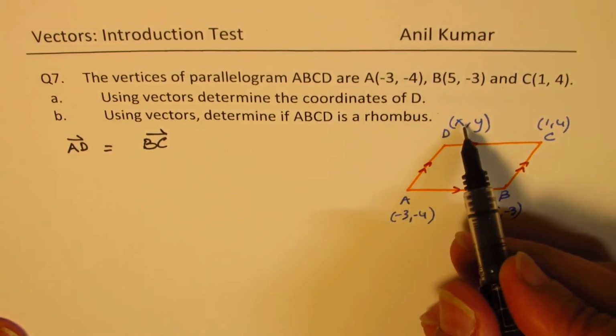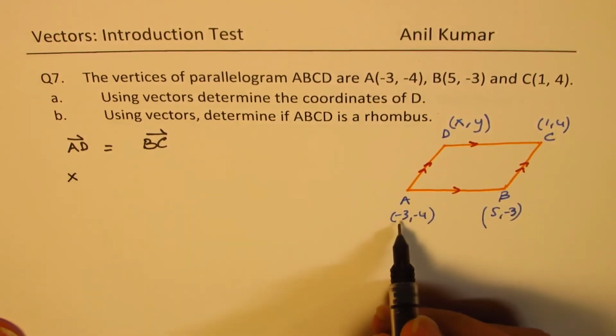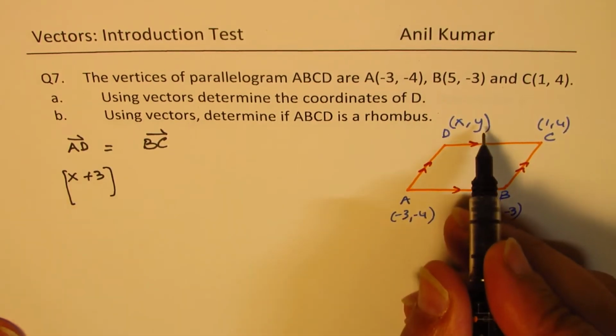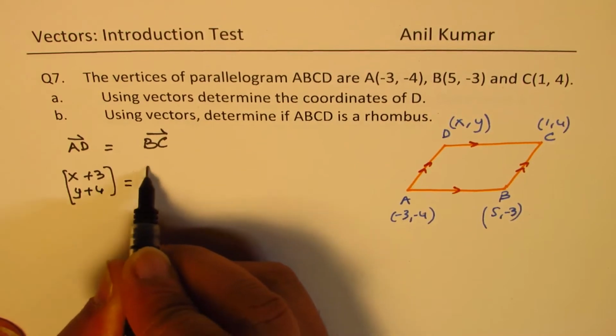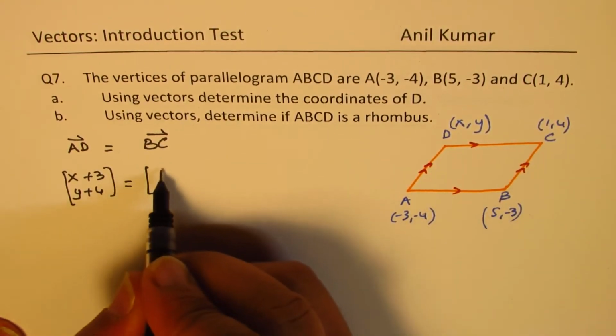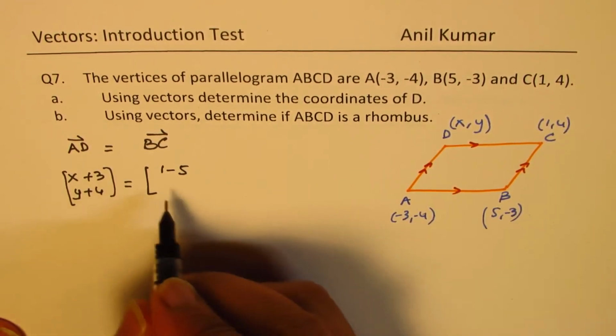Now what is vector AD? So vector AD is x minus -3, meaning x + 3, right? And y - -4, meaning y + 4, correct? Equals B to C, meaning 1 minus 5 and 4 minus -3, meaning 4 + 3.